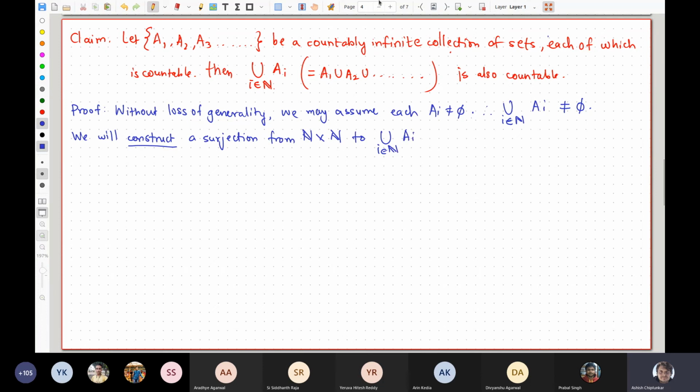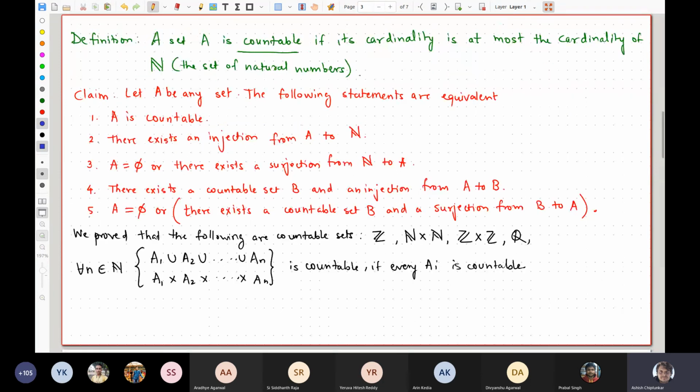What are we doing? We are using this fifth property. We are showing that there exists a countable set B, namely N cross N for us, and then we are showing that there exists a surjection from N cross N to your set A. That way you will prove that A is countable.